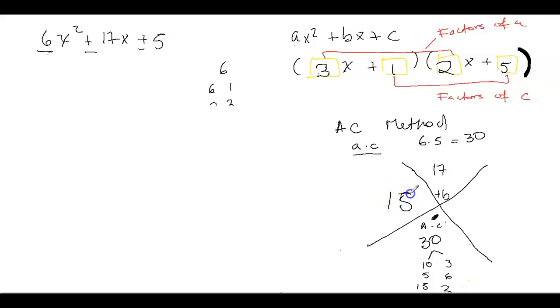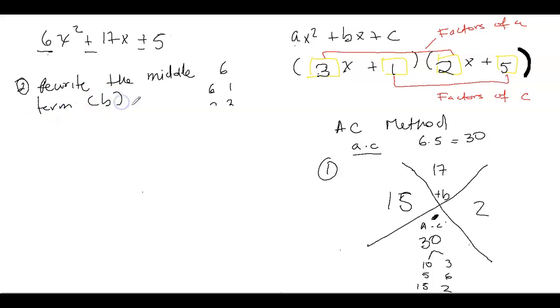So my very first step is to find the two factors that I'm looking for. My second step is to rewrite the middle term, in this case b, as a sum of the factors that we found.